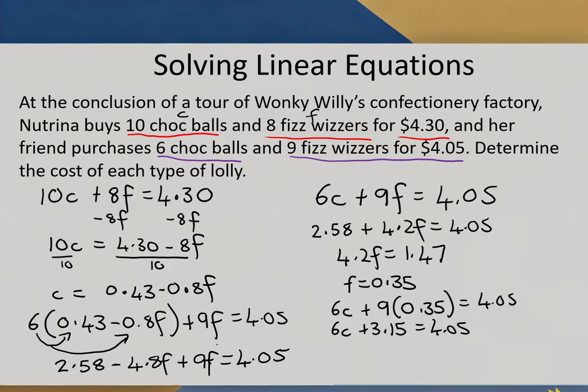Now finally, to get C by itself, I'm just going to take away 3.15. That gives me 6C is equal to 0.9 or 90 cents. And then I'm just going to divide by 6 to find out the value of C, which I get 15 cents.